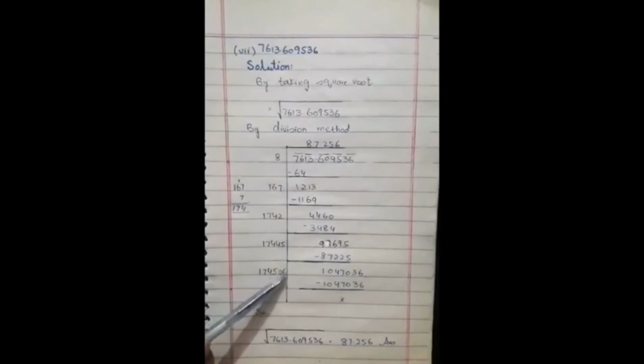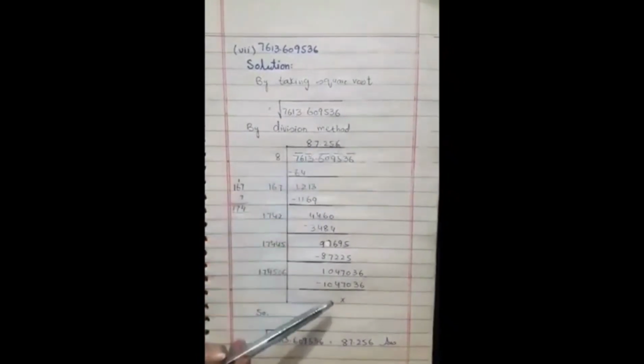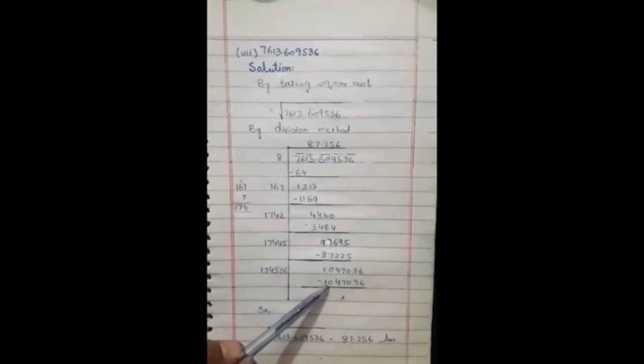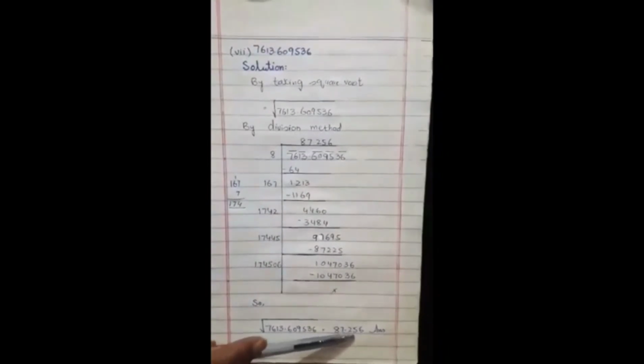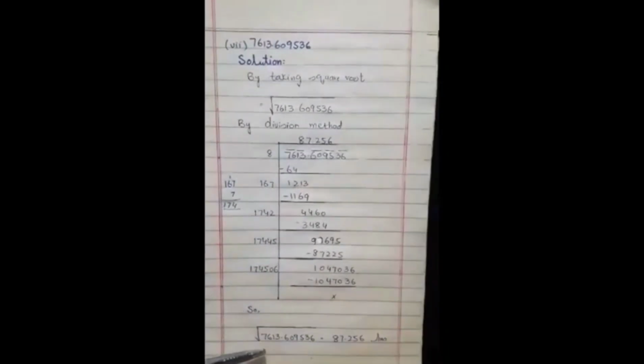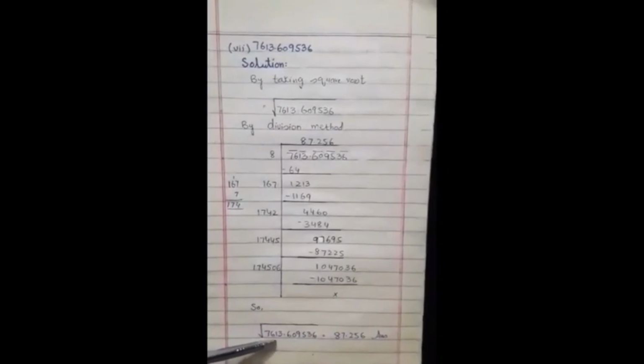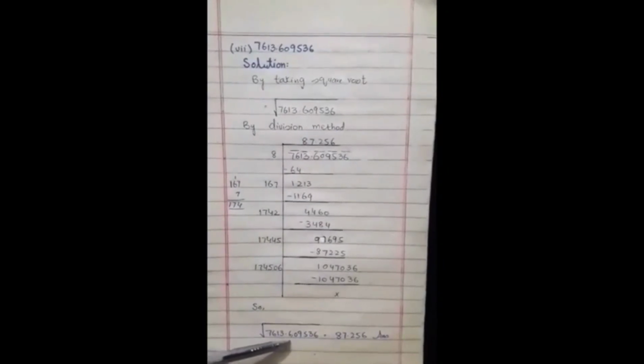So take another digit with 17,450, which is 6. Multiply this value with 6 and get 1,047,036, and get an answer which is 87.256, which is the square root of 7,613.609536.